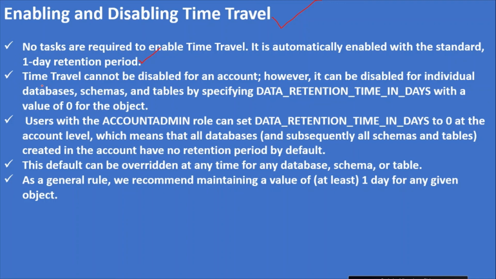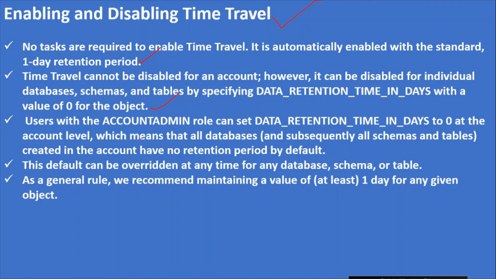The second one: time travel cannot be disabled for an account. However, it can be disabled for individual databases, schemas, and tables by specifying DATA_RETENTION_TIME_IN_DAYS with a value of 0. You cannot disable it, but instead of disabling you can set 0. That means effectively you are not using the time travel feature.